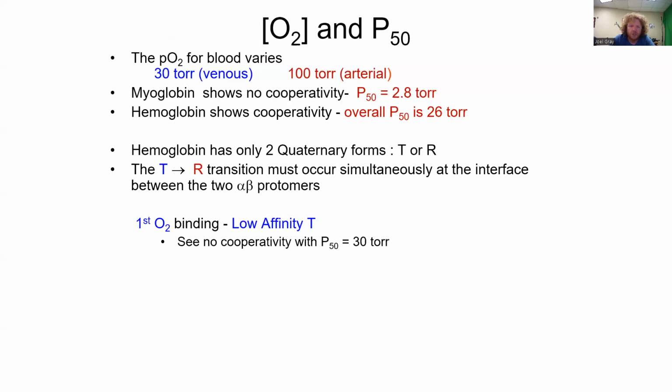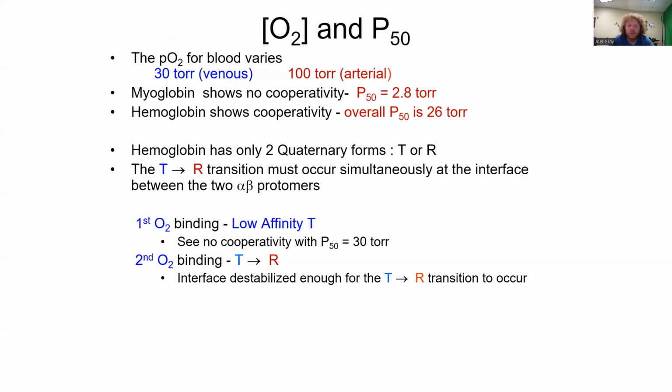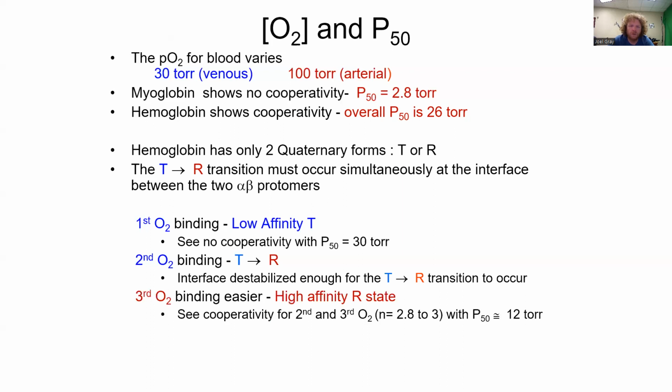You're dealing with that T structure. You see no cooperativity with a P50 of 30 torr. Now the transition from T to R is with our second O2 binding. The interface is destabilized enough for the T to R transition to occur when we bind that second O2 molecule.